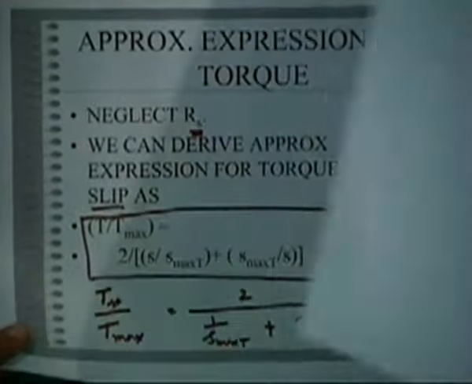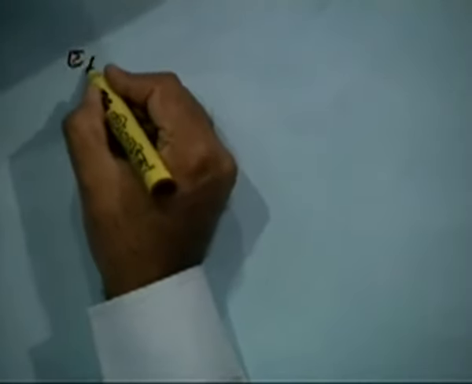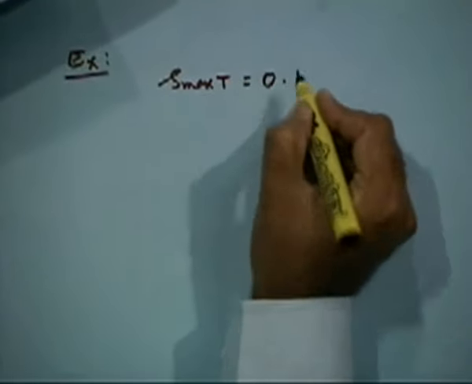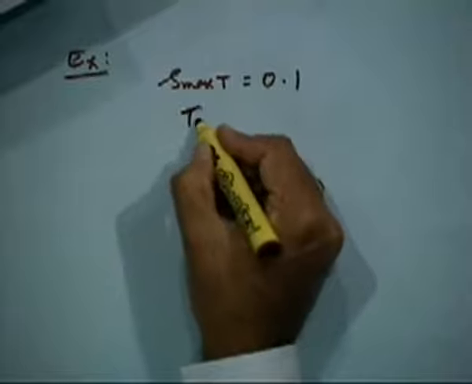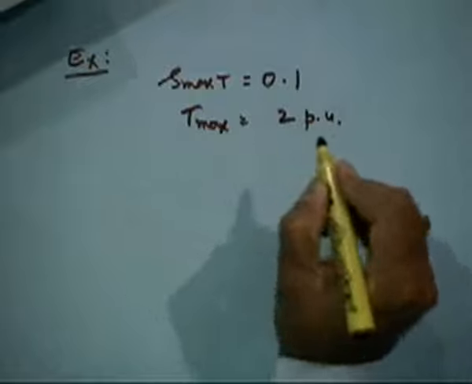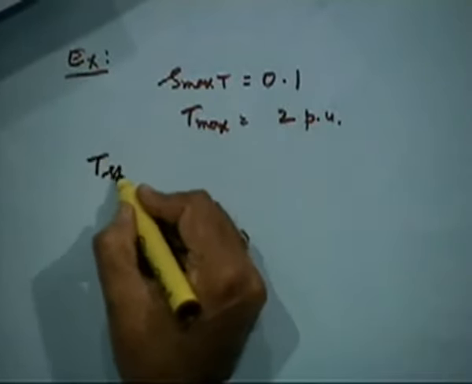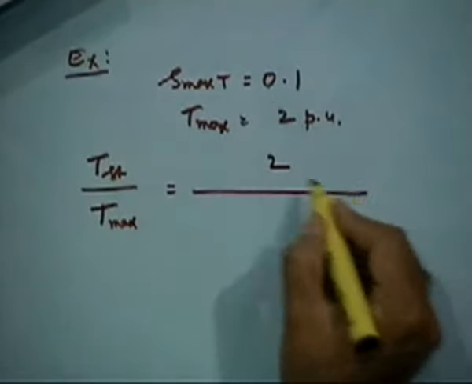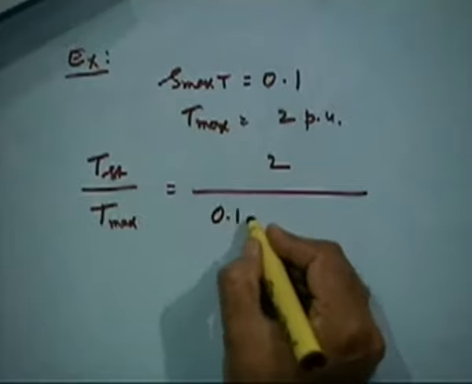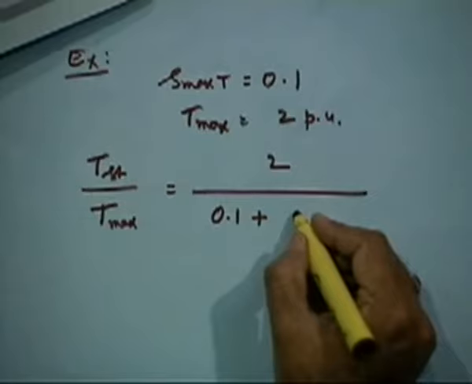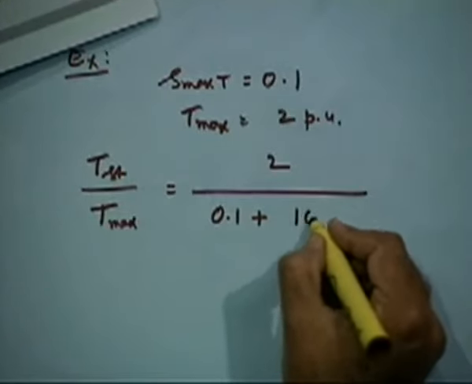So which means, supposing, I am just giving an example. Let us say S max T is 0.1. Let us say T max is 2 per unit. So what will be T starting by T max? It will be 2 over (0.1 + 10), right?